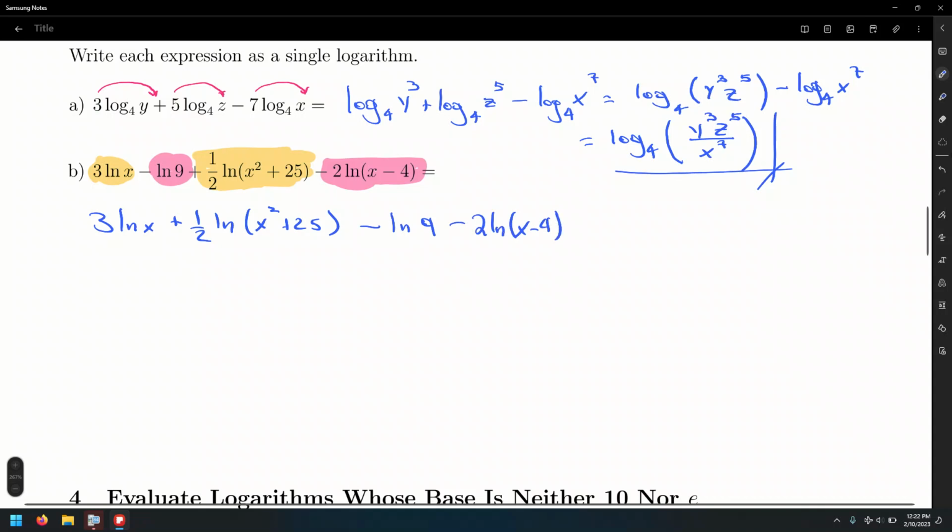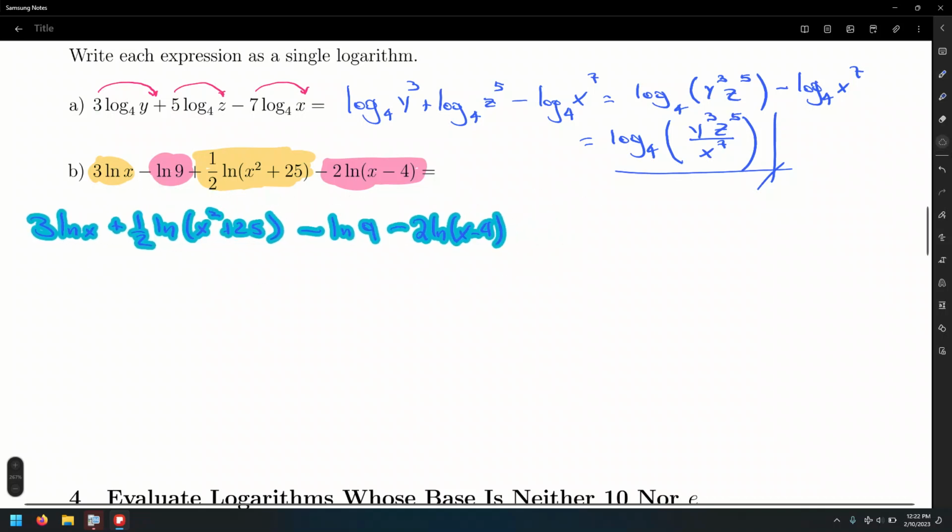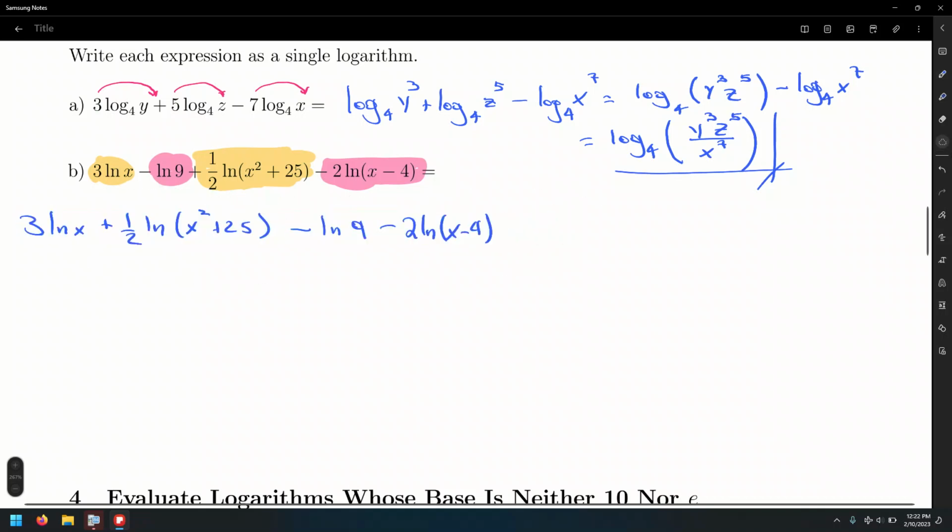All right? And let's see. So this is what we're going to do. We can already use the basketball rule. However, before using the basketball rule, there is actually a purpose of writing the positives first and then the negatives.